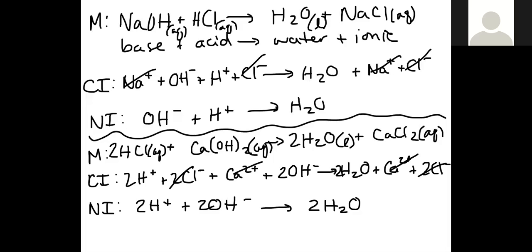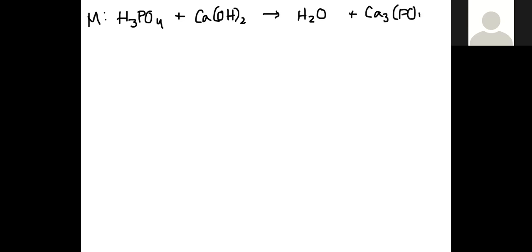Okay, let's do an example where your net ionic is going to be slightly different. Let's do, your molecular equation is going to be... let's go through and do our phases first.